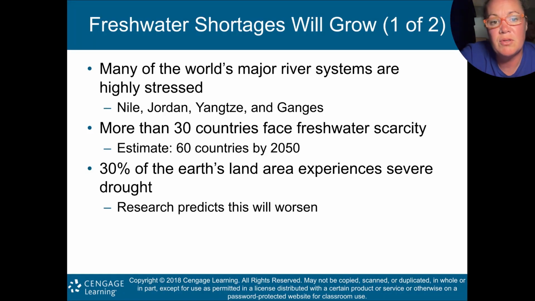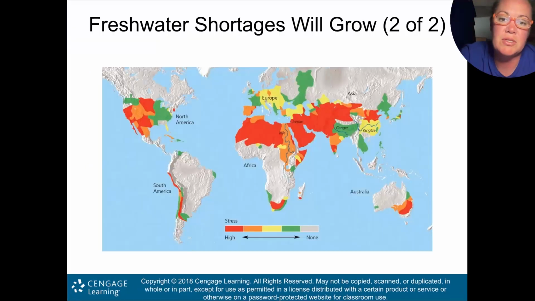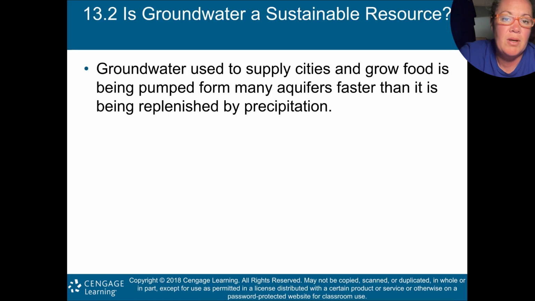So 30% of the Earth's land area experiences severe drought. Research predicts because of climate change that this will only worsen over time. And so we need to respond in ways that are really going to sustain water as a resource.